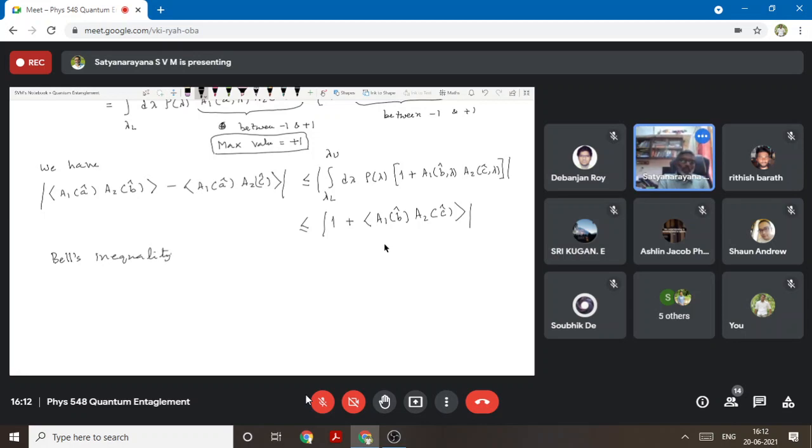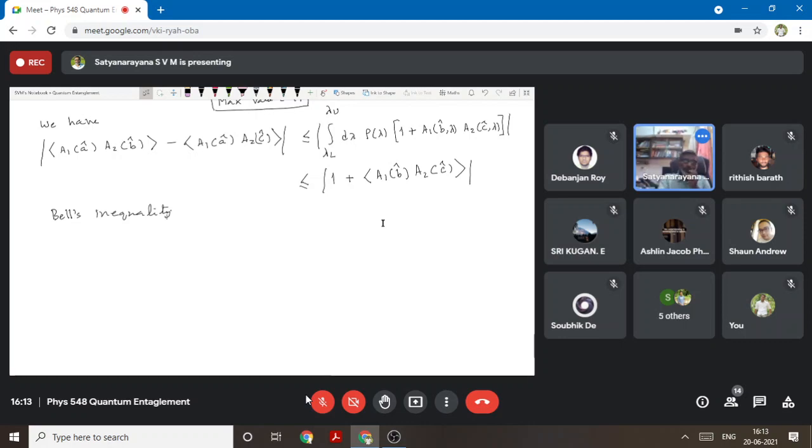Now when we are deriving this, please understand what our assumptions are. Our assumptions are the existence of lambda and the existence of rho of lambda. That's all. This is quite general. And this inequality should be valid for any choice of A, B, C. So let's look at these correlations.